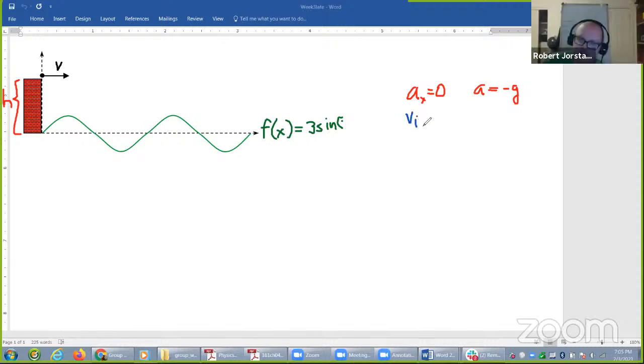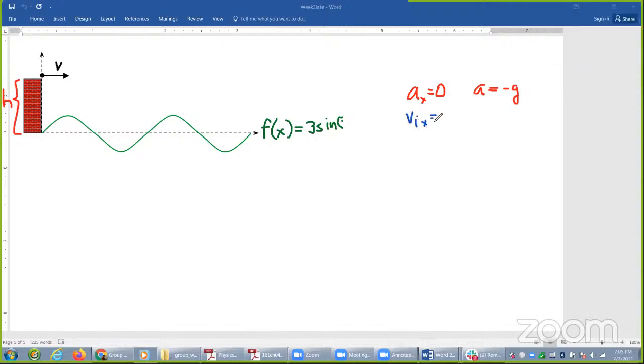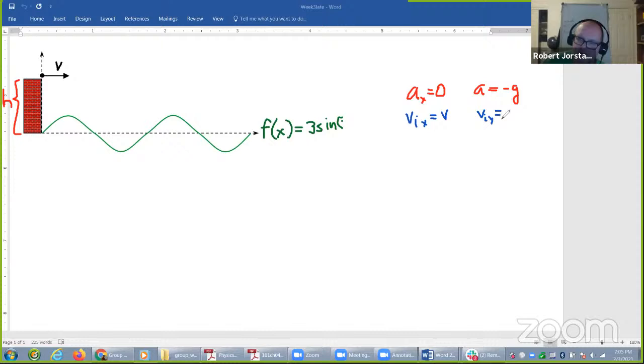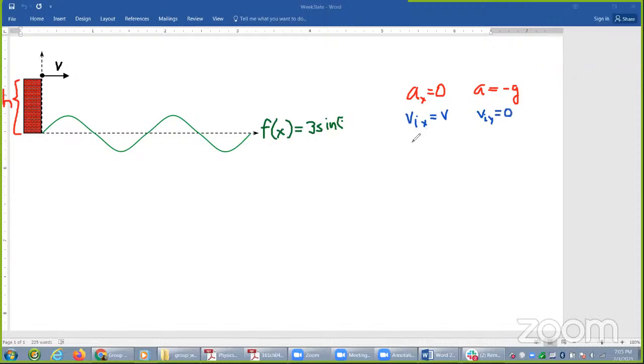What's v initial x and v initial y? Of course we have v, and we know that v initial y would be 0. We know our kinematic equations. If we want to find the velocity right before impact, we can find the distance it travels to impact.